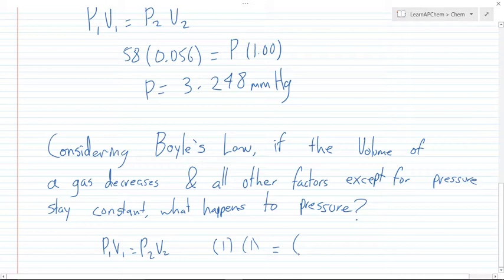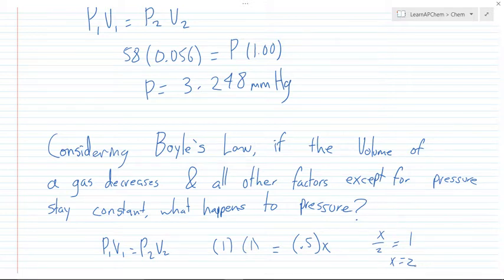If our volume decreases, so we'll say V2 is 0.5, what happens to our pressure? I can solve this and see that I went from a pressure of 1 to 2, so our pressure is increasing. And Arnold got it exactly right. Pressure increases if volume goes down.